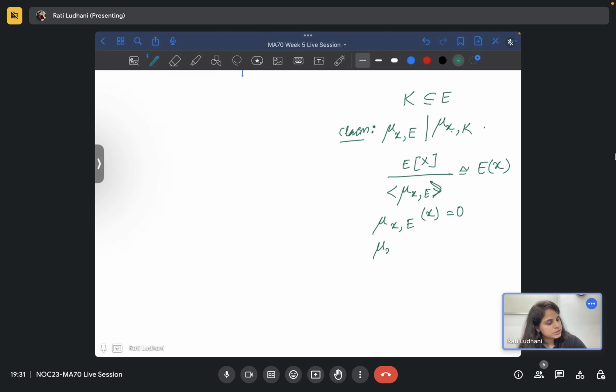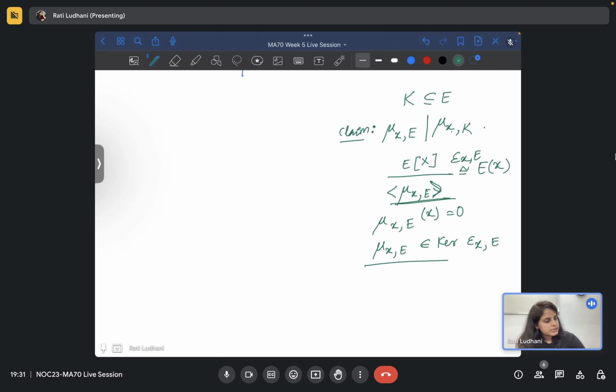So what does this mean? Mu x comma e belongs to the kernel of this map, the epsilon of x in e. Epsilon means evaluation, we mean e of x e. So you have this, right?